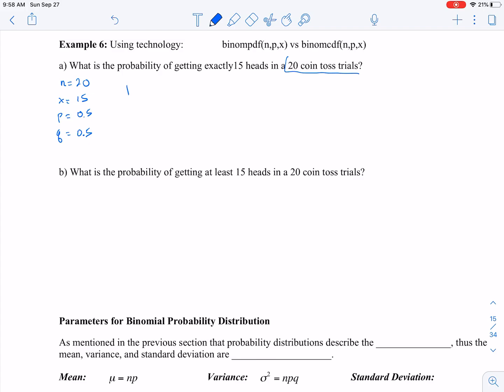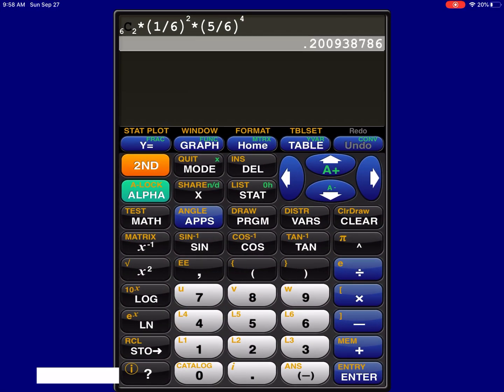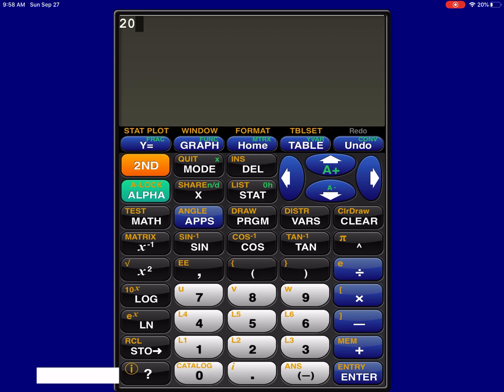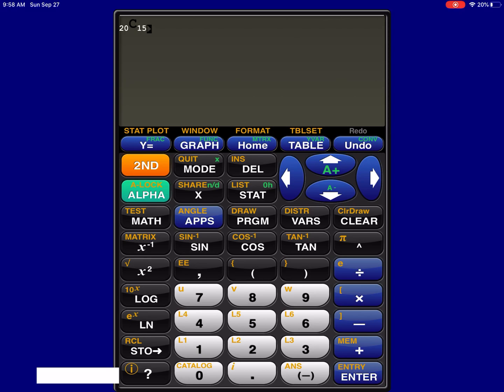So we want to figure out the probability of X equal to 15, meaning that is 20 choose 15 times 0.5 to the 15 times 0.5 to the 5. So this is using the binomial probability formula. Type that into your calculator. Let's do 20, math, PRB, and choose R, 15 times 0.5, raise it to the 15.